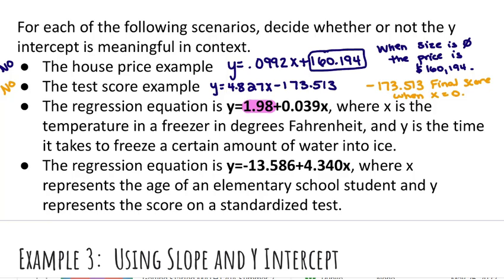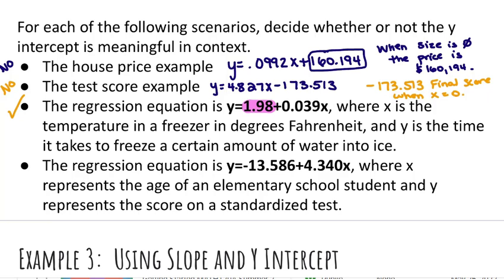They don't specify whether it's minutes or seconds or hours. So let's say this is, I don't know, minutes. So 1.98 minutes to freeze when it is 0 degrees Fahrenheit. I would say that does make sense in context of the problem.